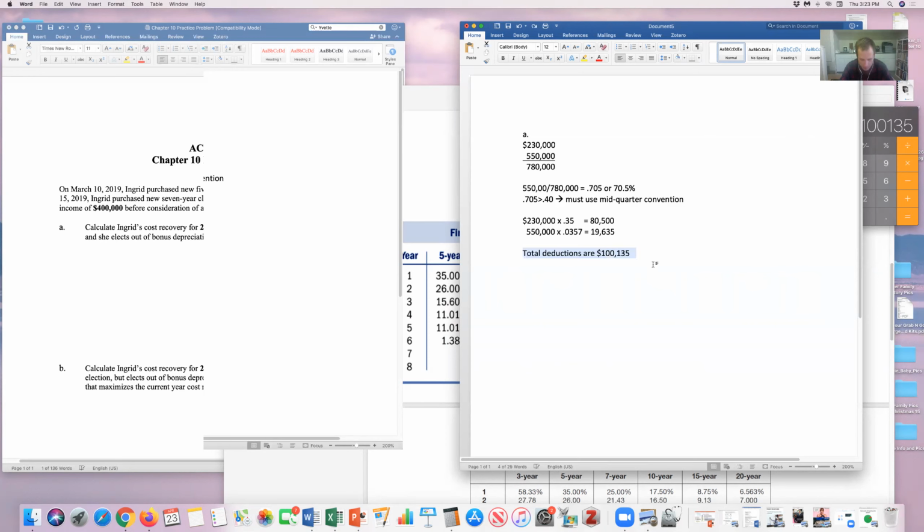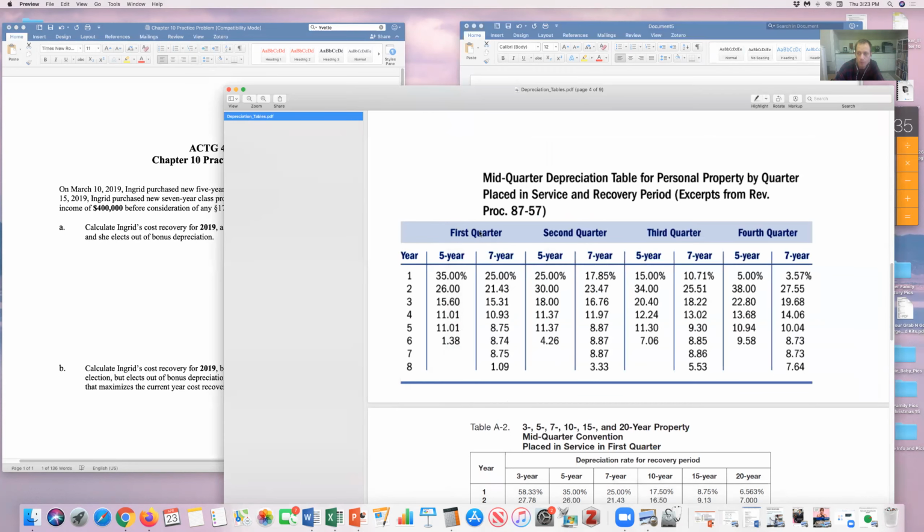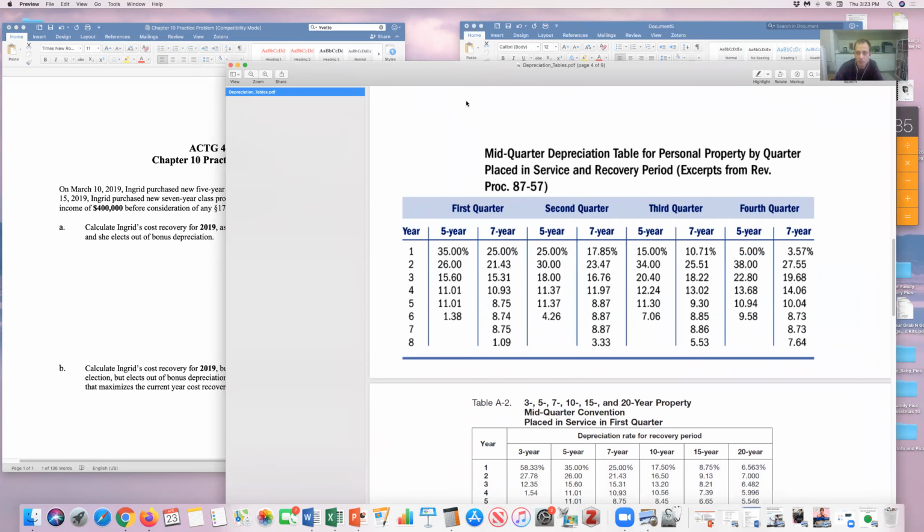Oops. There we go. All right, so note here the other thing to remember about mid-quarter. Let's say this first asset, that was put in place in the first quarter, and it's 5-year property, so I started here. Let's suppose that she sold it, it's not in the problem.